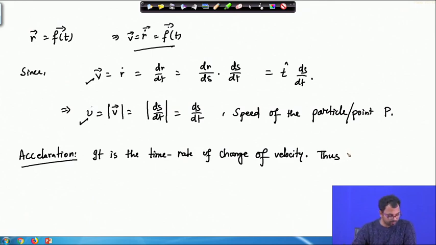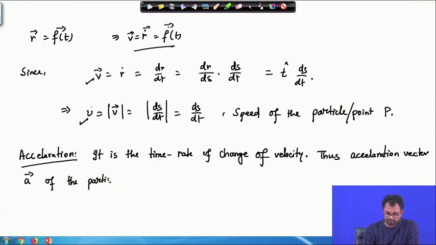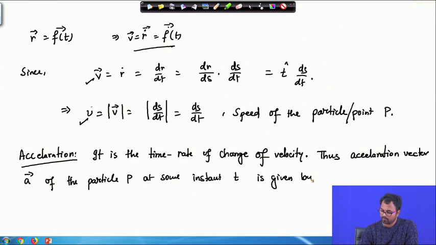So, thus the acceleration vector, let us say A, of the particle P at some instant t is given by A equal to limit delta t goes to 0 of delta v by delta t, the time rate of change of velocity.